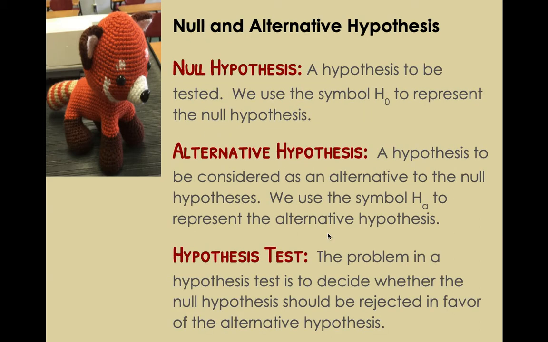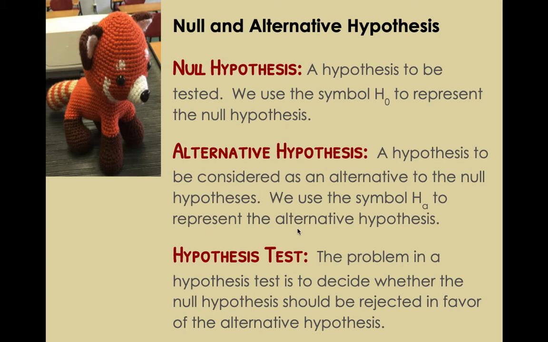The null hypothesis we will represent with H sub 0. The alternative hypothesis is what we have if we're testing the null hypothesis. We're going to use H sub A for that.